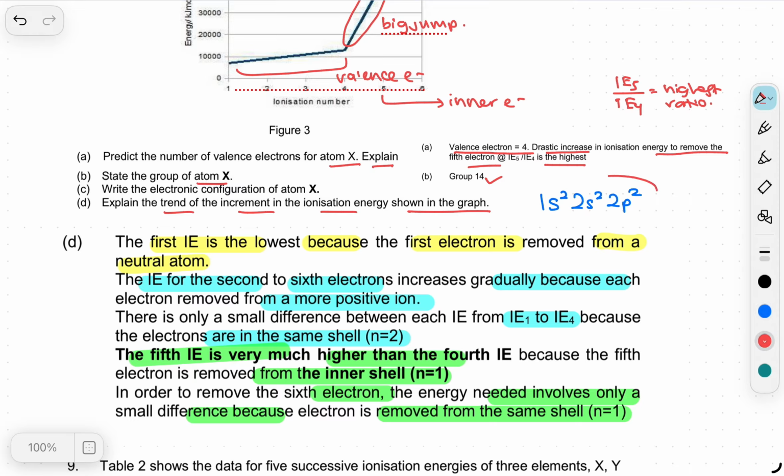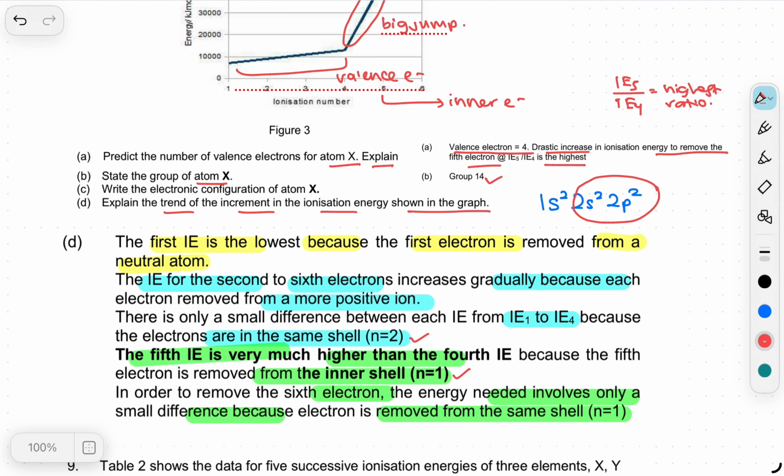So the first 4 electrons, as proven by the data from the graph, are in n equals 2, and electron number 5 and electron number 6 come from n equals 1.